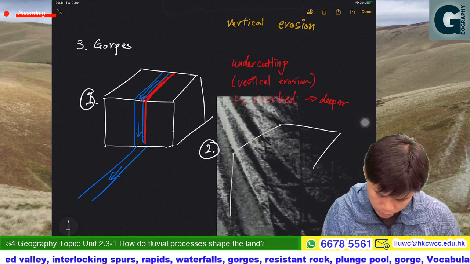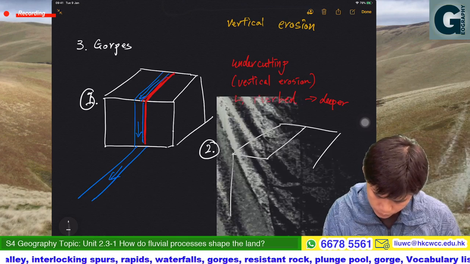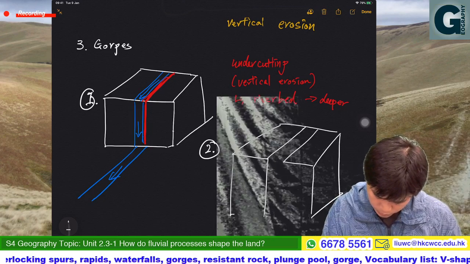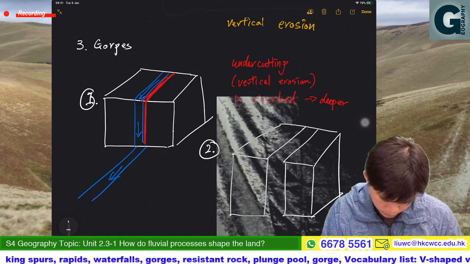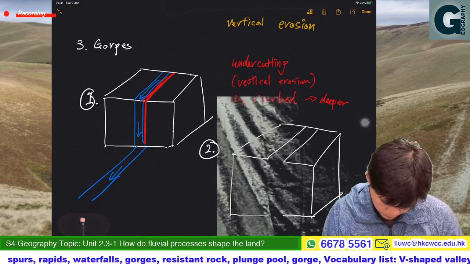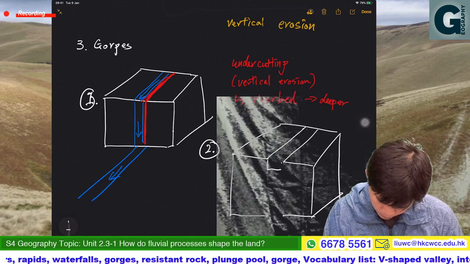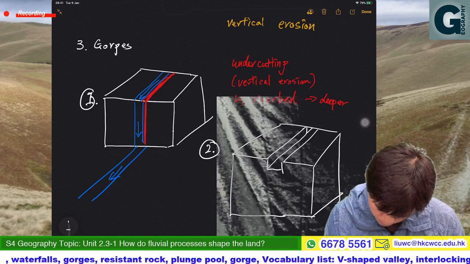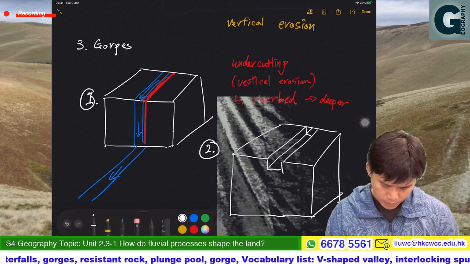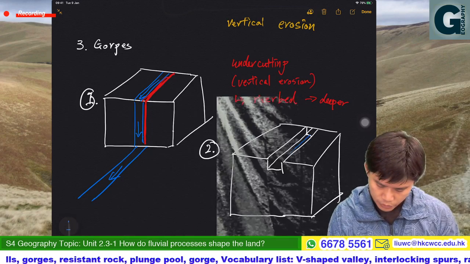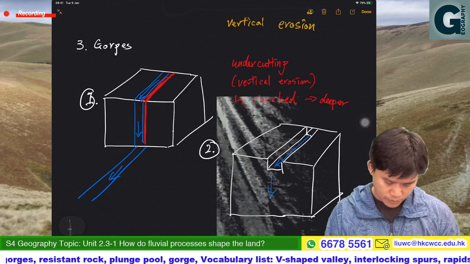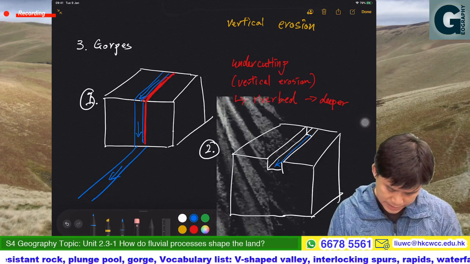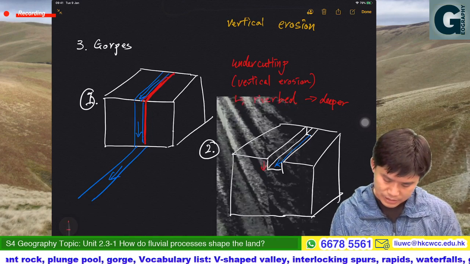Okay, this time I'm not going to draw the river. It will become like this. So the water may flow at that point and then waterfall. But if we want to know more about the formation, you can see that that would be the undercutting.